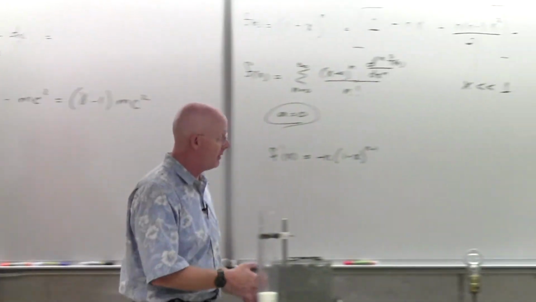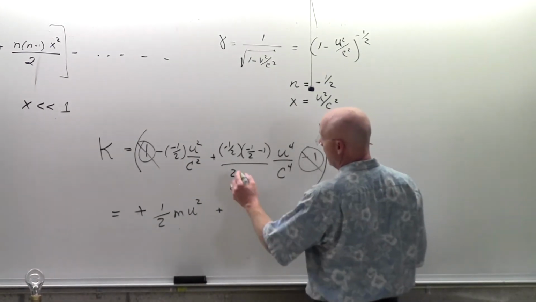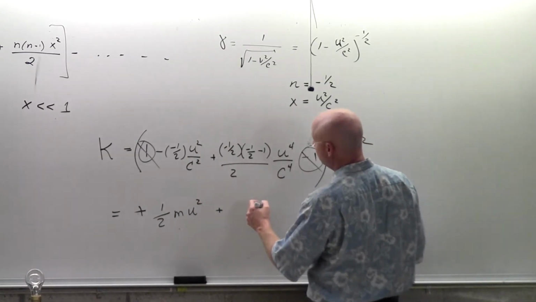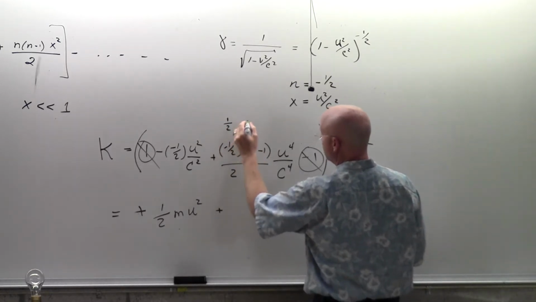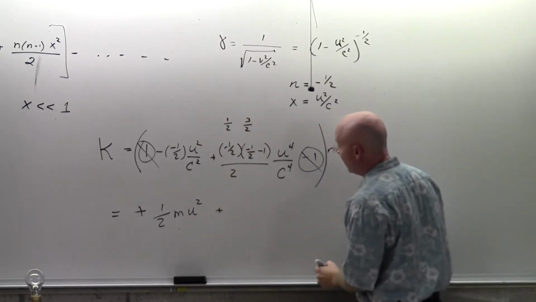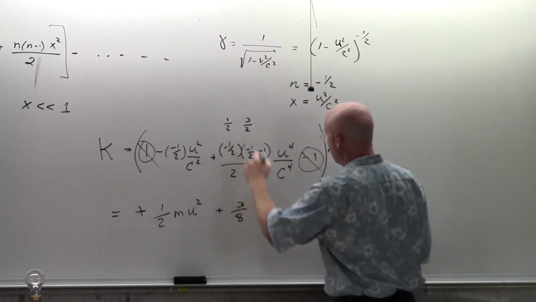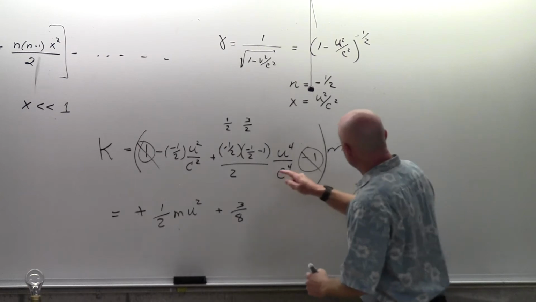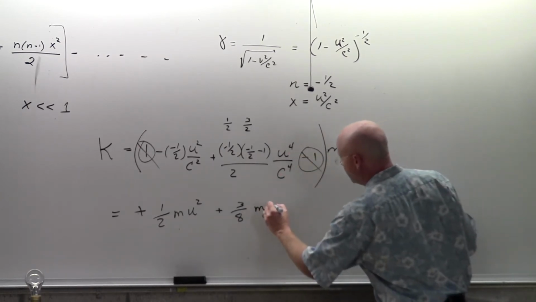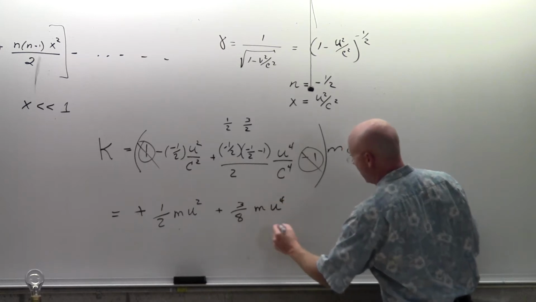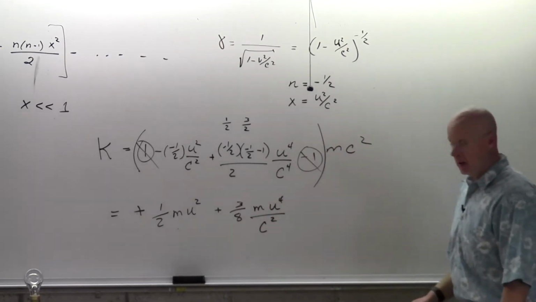Because the next term, look at it. The next term would be, well, that's a 1/2. That's a 3/2, and that's a half of that. So that's a 3/8. And a negative and a negative make a positive. So that's 3/8. There's the m. This would be speed to the 4th power over speed of light squared.